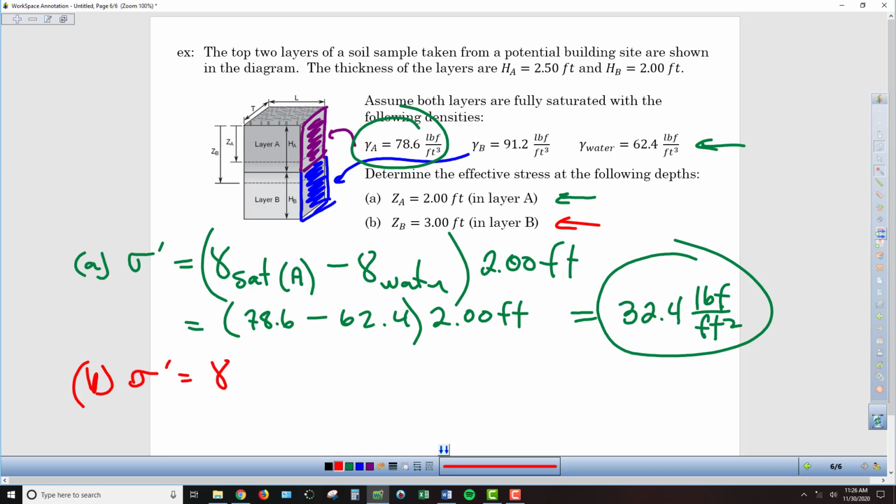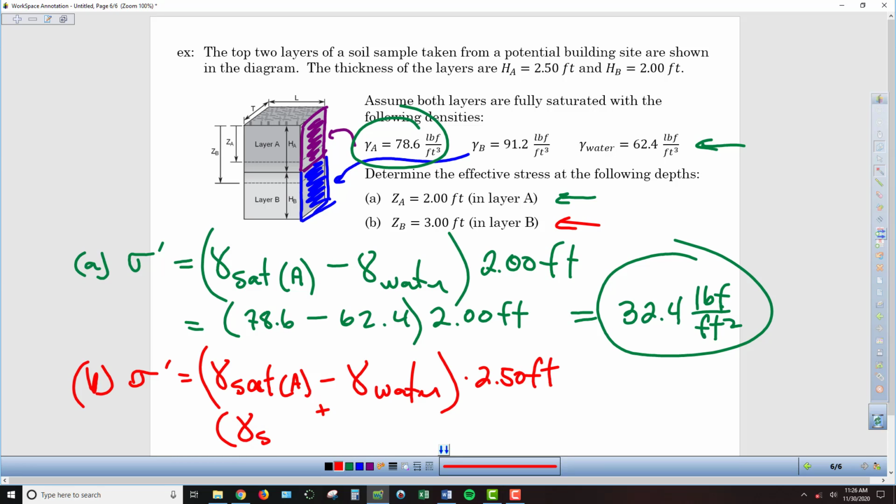We're going to have the same thing that we did just a moment ago: the saturated density of layer A minus the density of water, times, but now we're going through the full 2.5 feet of layer A. And then we're going to add to that a similar calculation: the saturated density of B minus the density of the water times the depth into layer B that we're traveling.